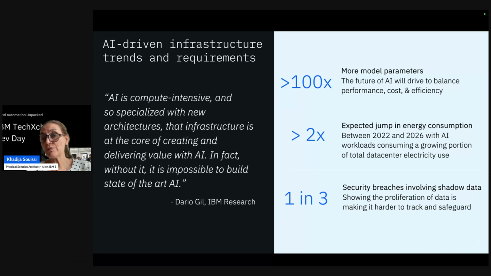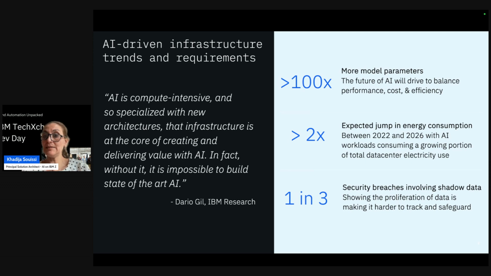Due to the evolution of the AI approaches, we have been seeing a lot of new requirements. For example, we are using large language models that have a big number of model parameters, and that requires infrastructure that can scale. We also have a jump in energy consumption as we deploy generative AI in different organizations.